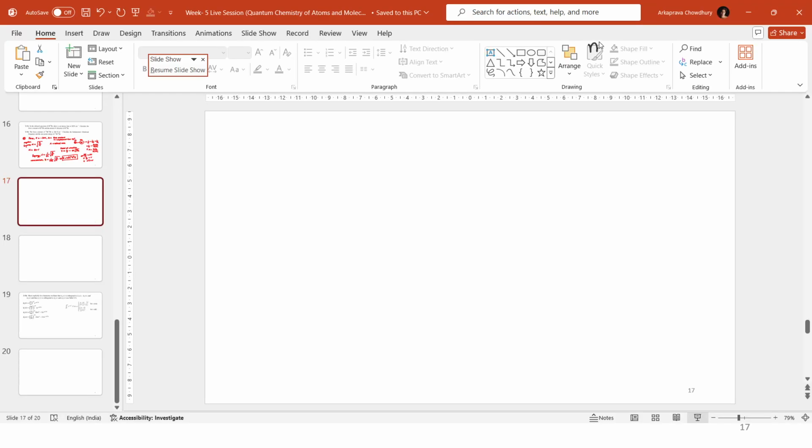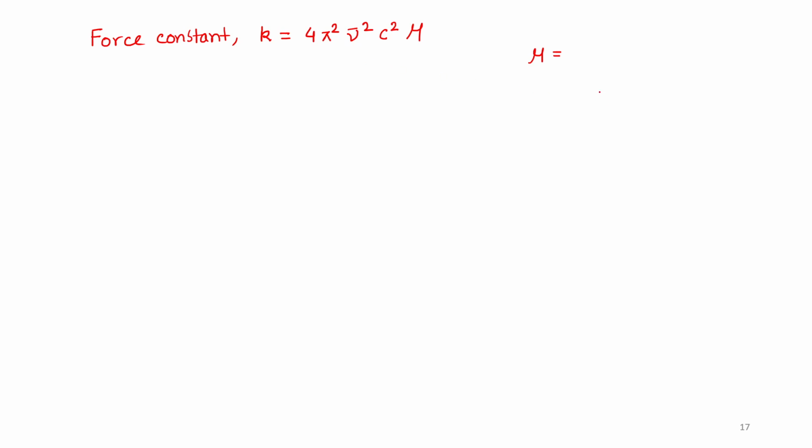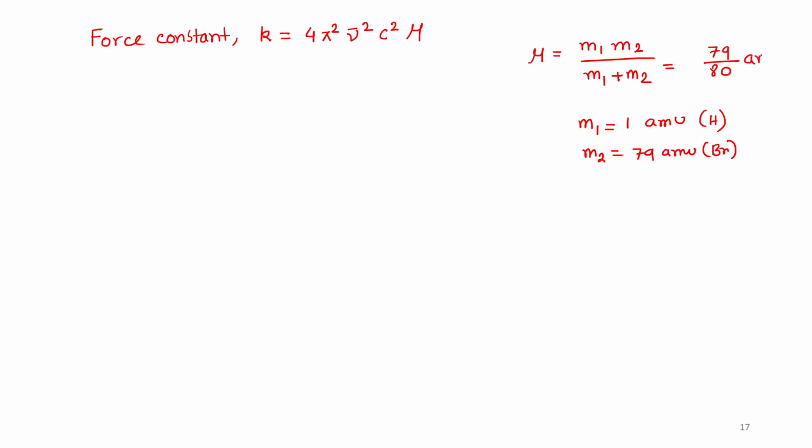Reduced mass is M1 M2 divided by M1 plus M2. Here M1 is 1 AMU for hydrogen, and bromine is M2, that is 79, given. So how much is our mu going to be? 1 into 79 is 79, and the denominator would be 80 AMU.